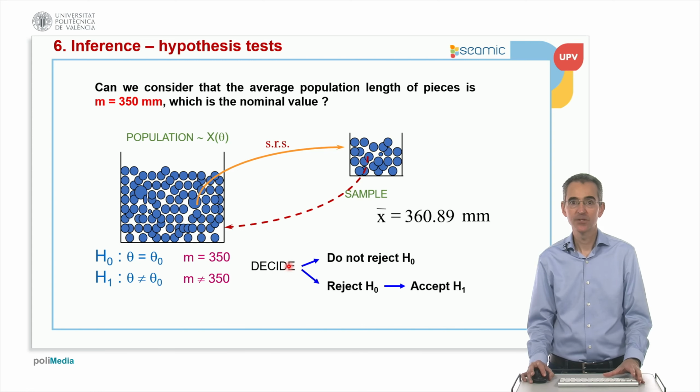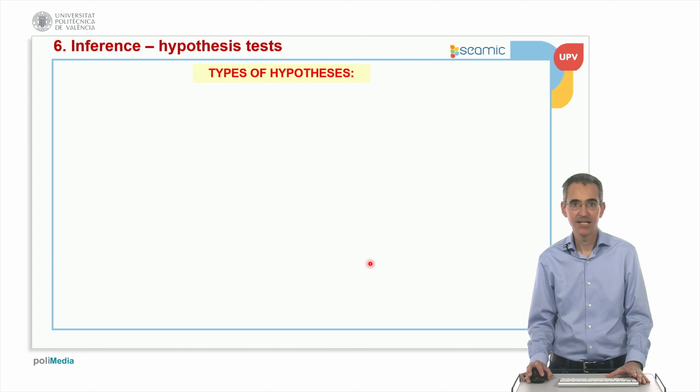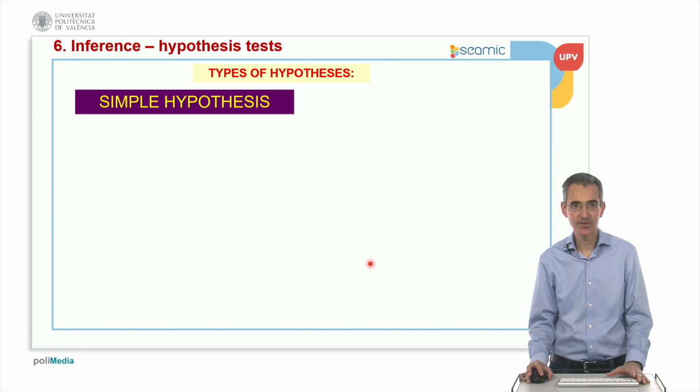So instead of saying reject the null hypothesis and accept the null hypothesis, as it can be confusing, it is better to say reject the null hypothesis and do not reject the null hypothesis, which would imply that based on the information of the sample, I don't have enough information to reject the null hypothesis.